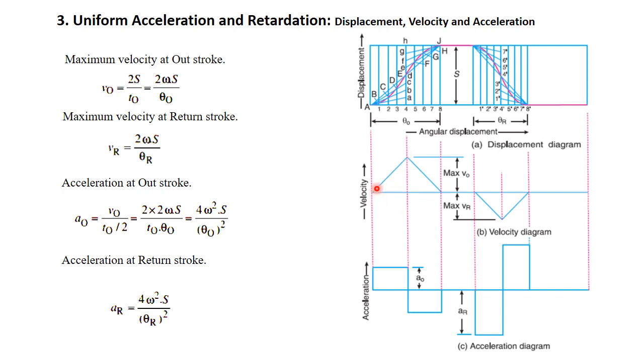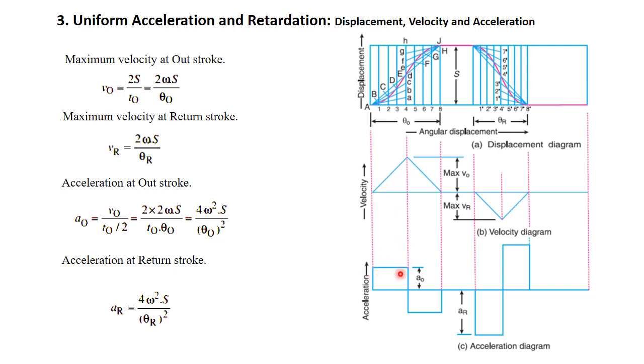It's not like it increases suddenly and then goes horizontal. No, it is moving with a uniform increase of velocity. So we can say that the rate of change of velocity remains constant, and a constant rate of change of velocity means acceleration remains constant.